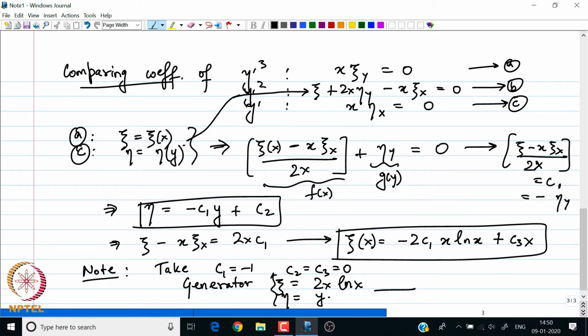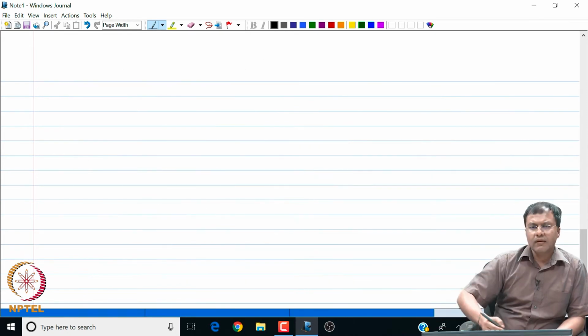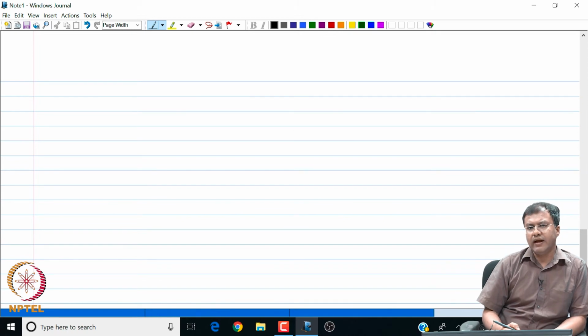And this is the same result that we saw in our previous lecture, the same result as in example 5, lecture 5. We saw that this was one of the infinitesimal generators, and we have recovered that through a specific set of these constants.